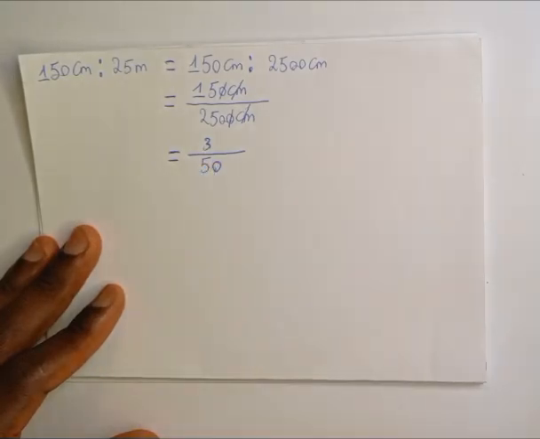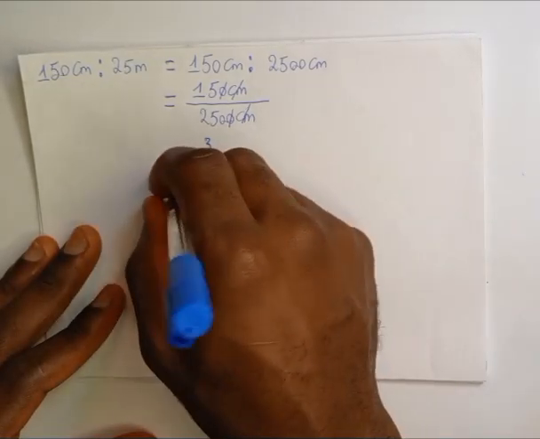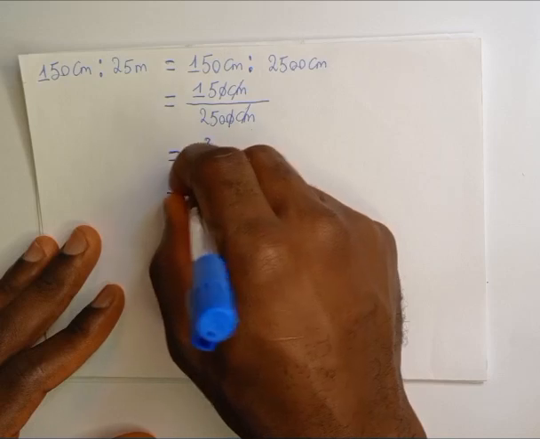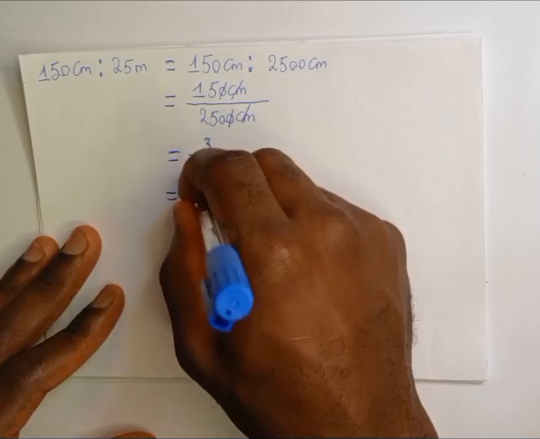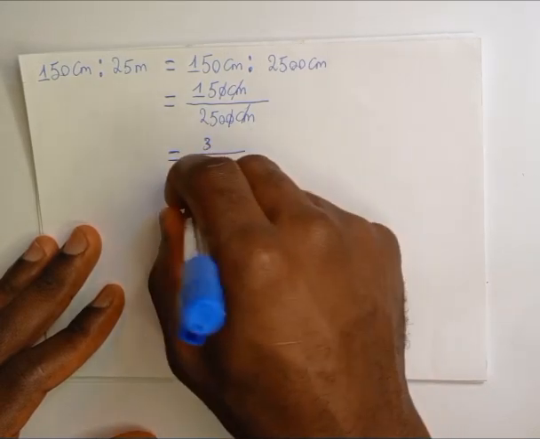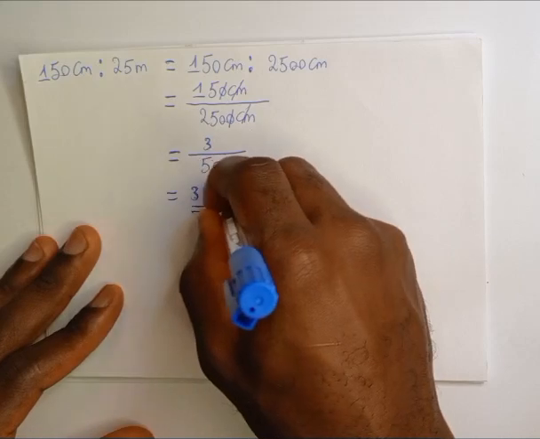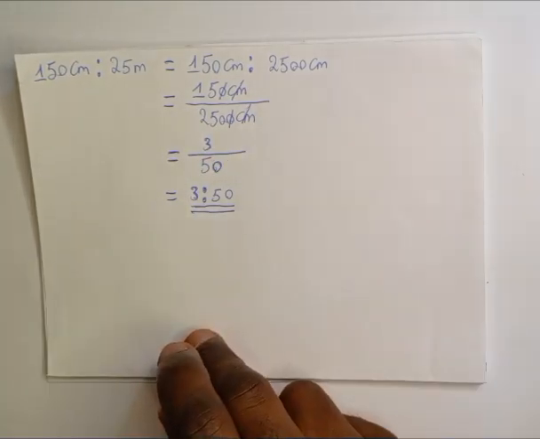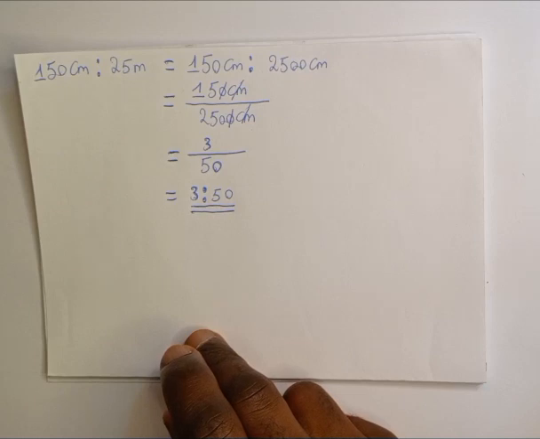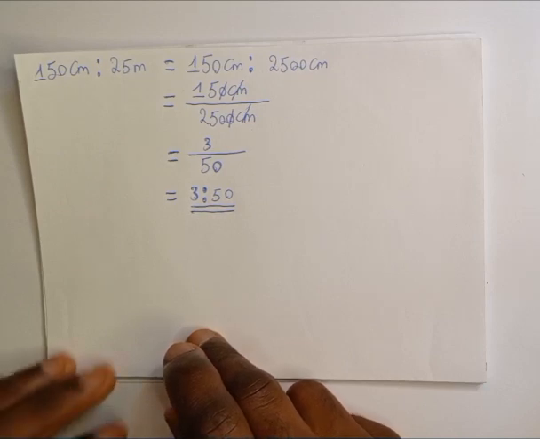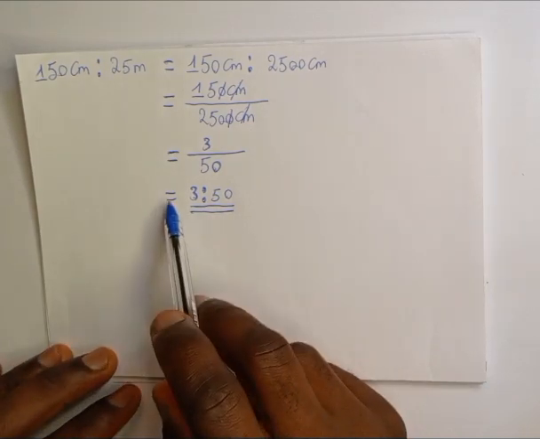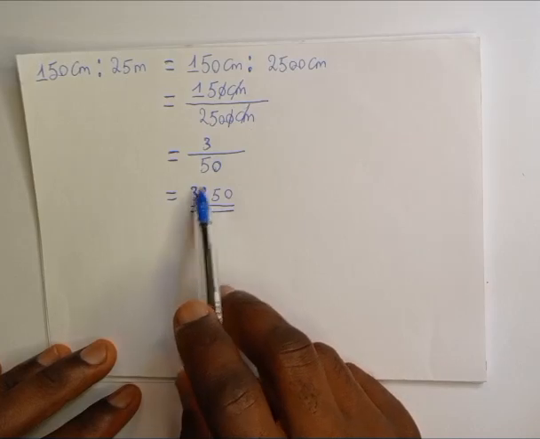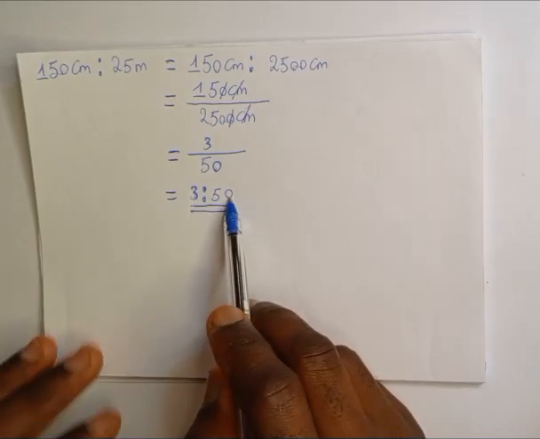They are relatively prime. Now we can write it down as a ratio. This will be equal to 3:50. We underline the final answer. Therefore, the ratio 150 centimeters is to 25 meters in its simplest form is simply 3:50. That's what it means.